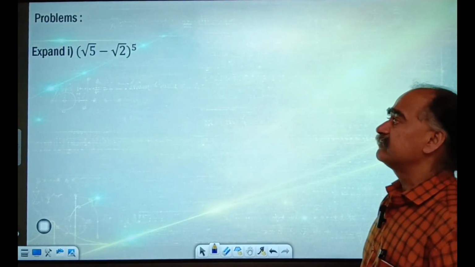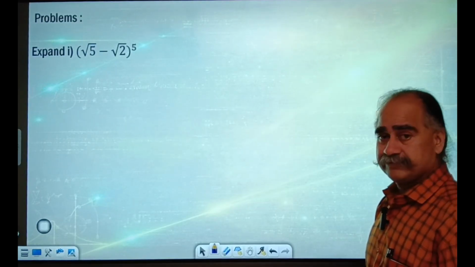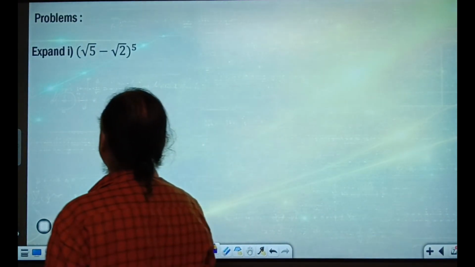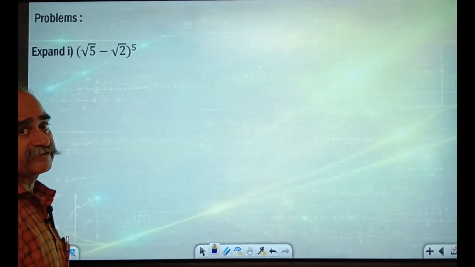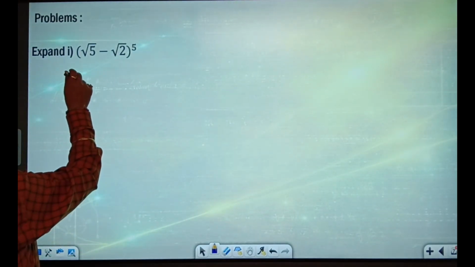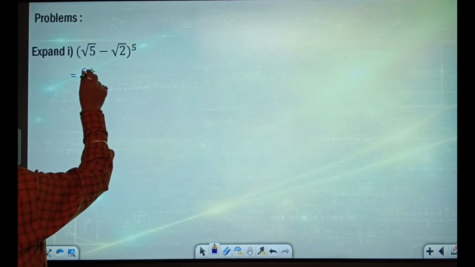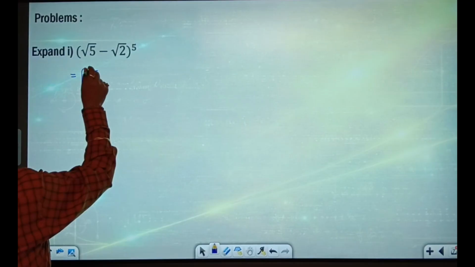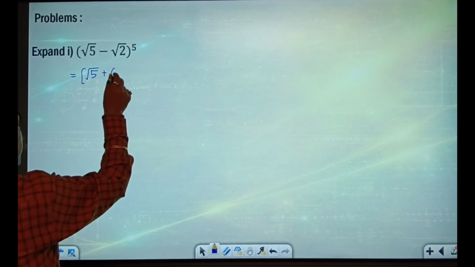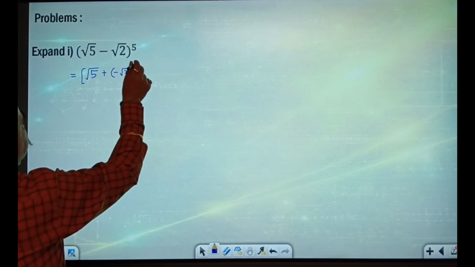Now we'll start problems. Expand root 5 minus root 2 raised to 5. It is minus, and the theorem which we did was for plus. So what we will do, this can be written as root 5 plus minus root 2 raised to 5.